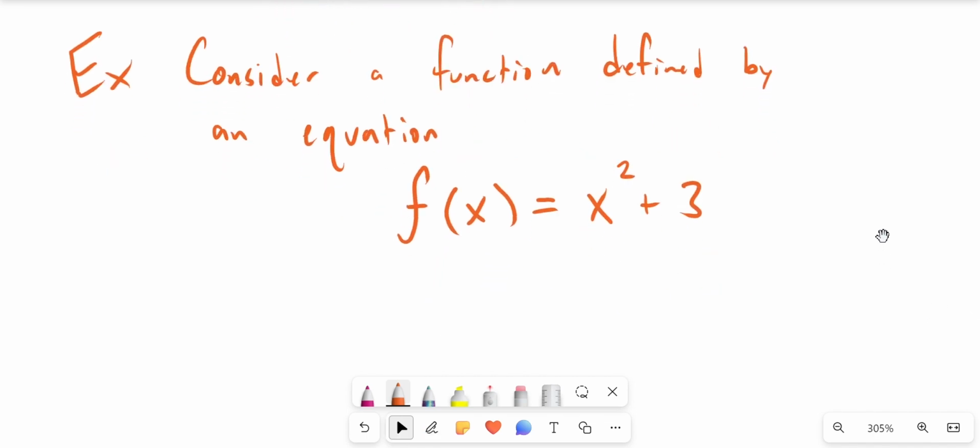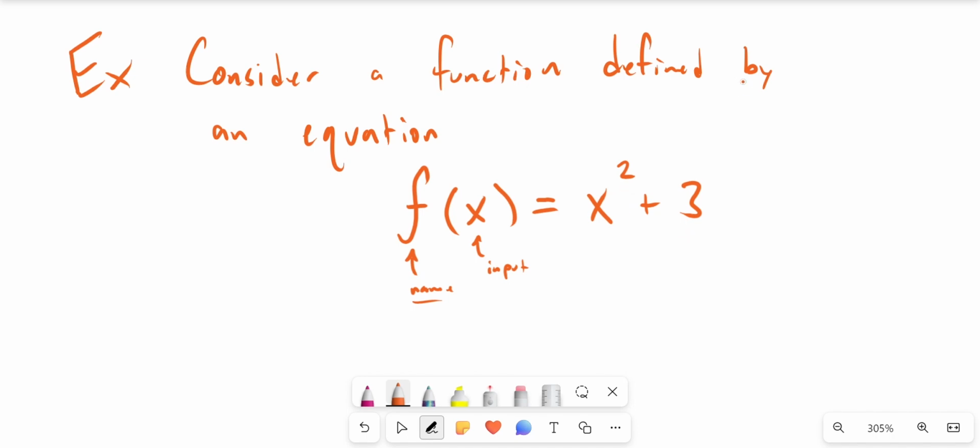So we would think of this as the input, this as the name for the function, and along with the name, we have these rules. What are we going to do to our input? Well, f is going to square it and then add 3 to it. That's the rules of this game.